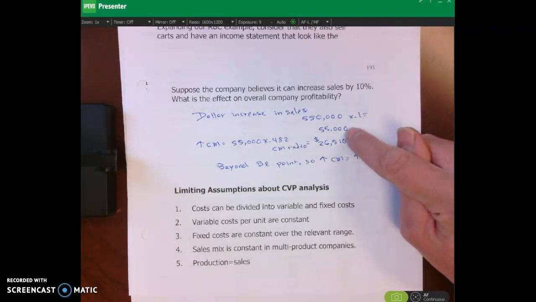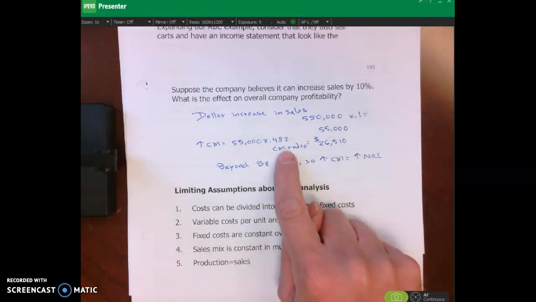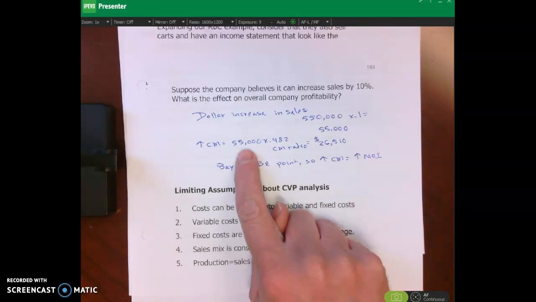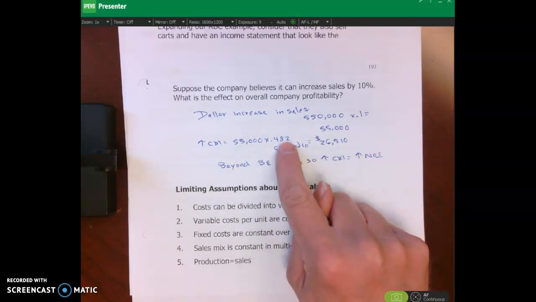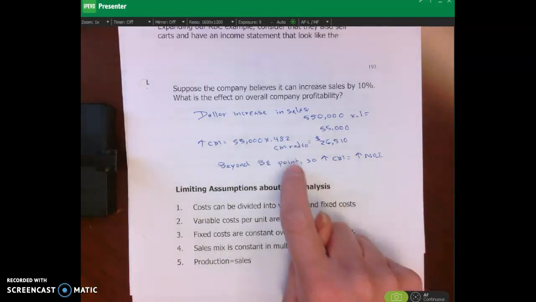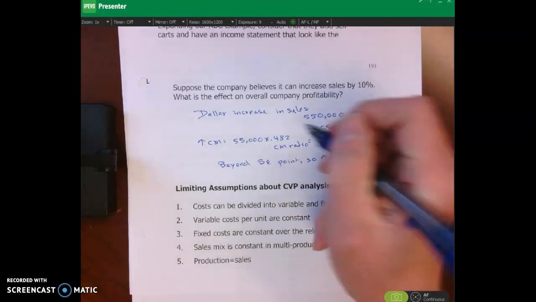That means an increase in sales dollars of $55,000. Then I used my CM ratio and said, of that $55,000, I get about 48 cents in contribution margin. This is my CM ratio, which we calculated on the other page.